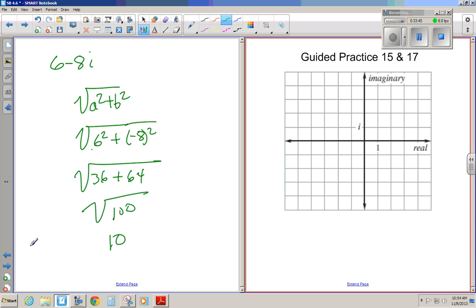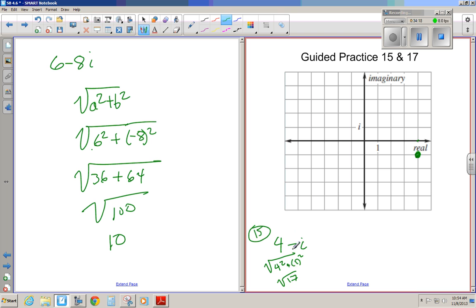Now the guided practice for these have us graphing them before. So 15 is 4 minus i. The graph of that would be real 4 to there, and the imaginary negative 1, that's your first part. The distance, though, would be the square root of 4 squared plus 1 squared, which is the square root of 17.